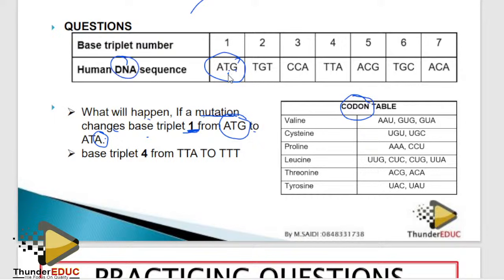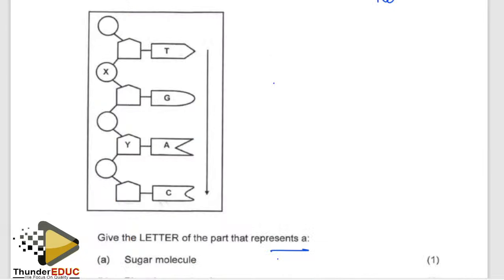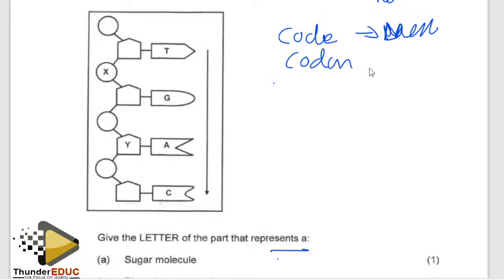Therefore, I have to convert this into messenger RNA. Remember, we said that when you talk about code, it means DNA. When you talk about codon, it means 3 bases on messenger RNA.